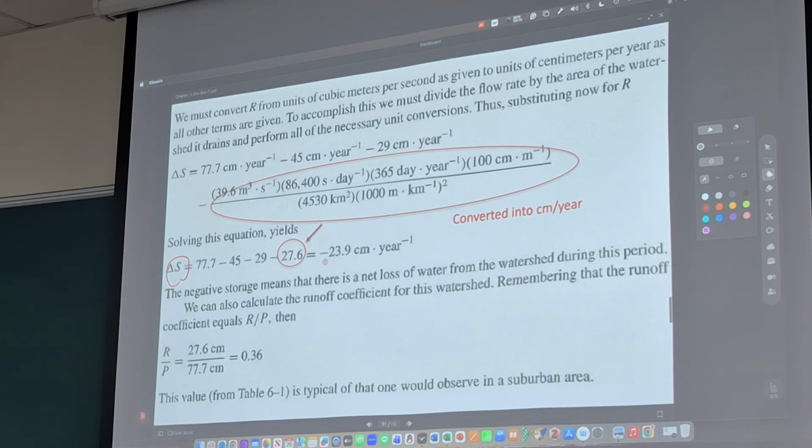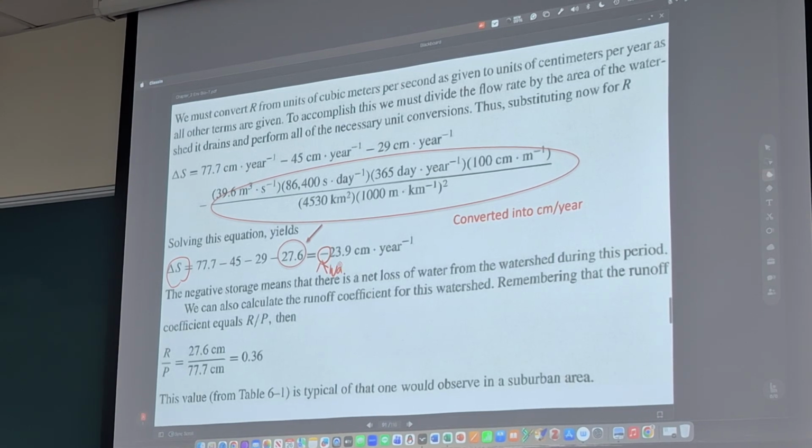The minus sign here means the water level dropped.